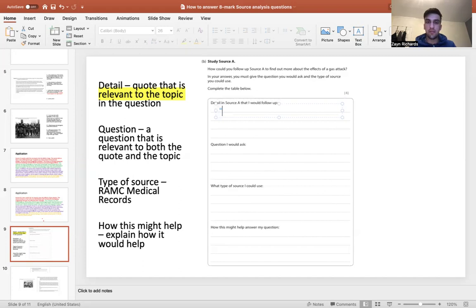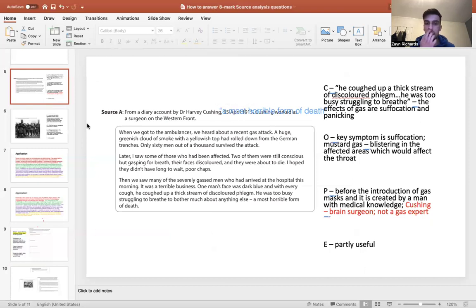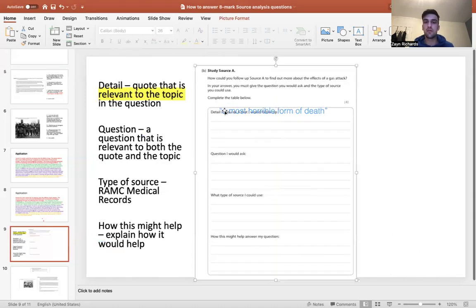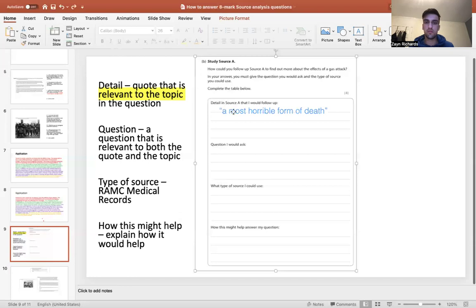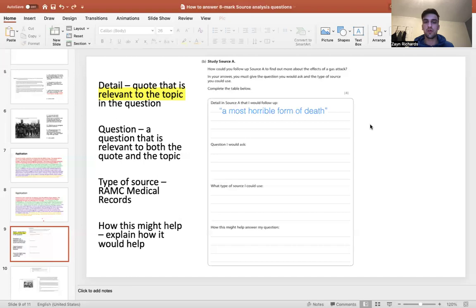So a most horrible form of death. You could also have talked about the quote beforehand, where it says, struggling to breathe, to bother much about anything else, a most horrible form of death. In fact, that might be better. Oh, great, I can't change it. Okay, that's fine. We'll just go with that.